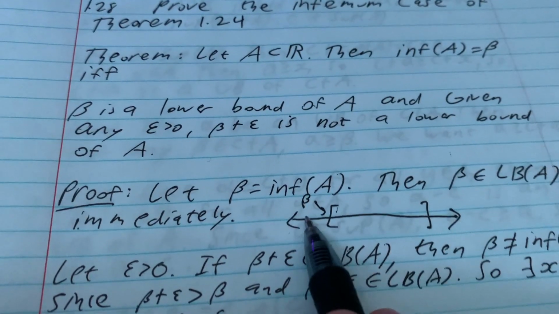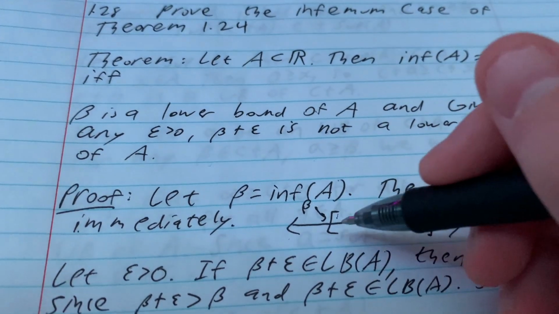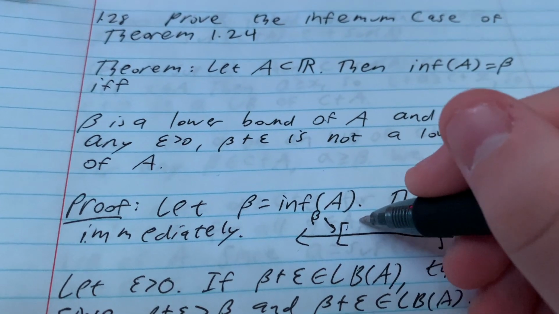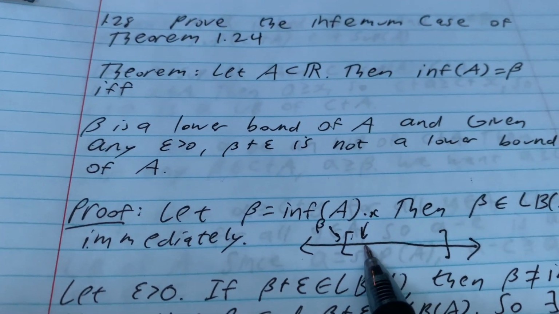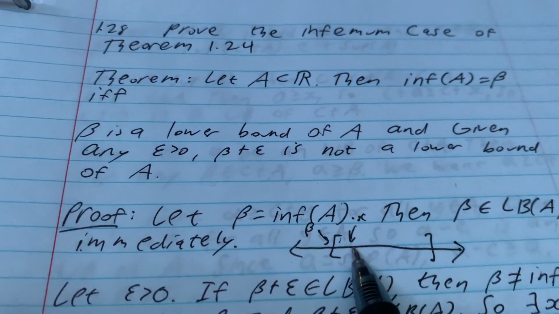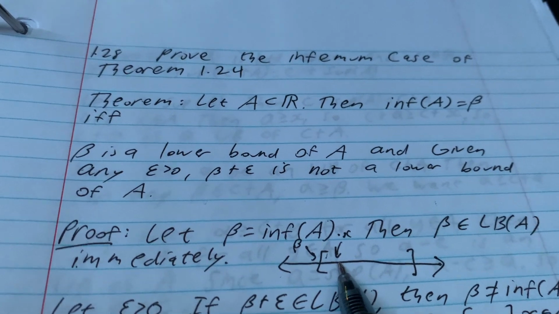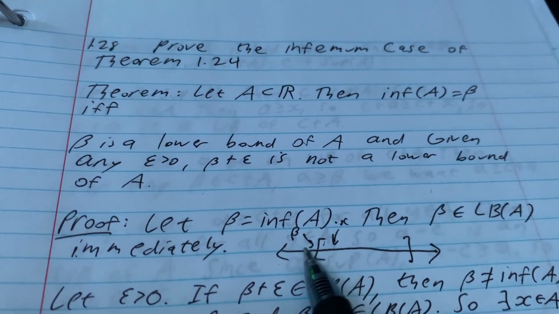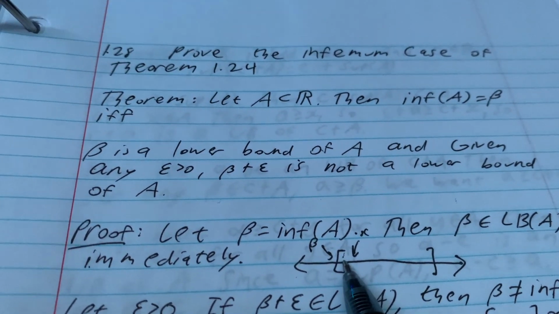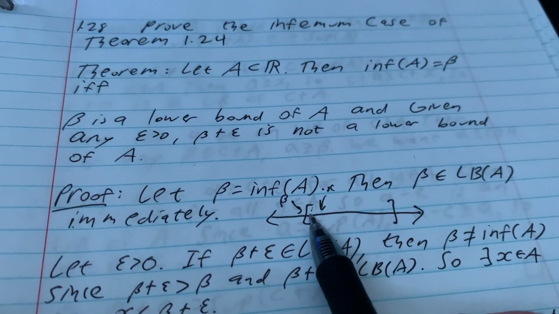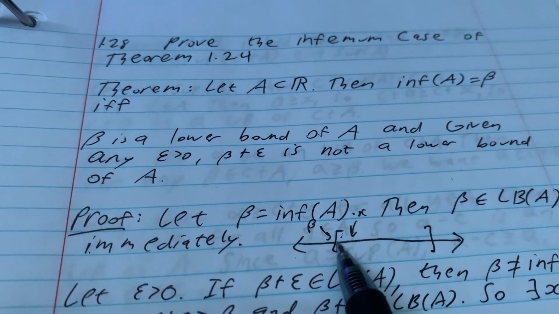This is the infimum, implying that anything over here, if I pick something over here, then this is not going to be a lower bound of the set. So for any epsilon greater than 0, beta plus epsilon, that means anything over here, and a small enough window as you want, nothing works. None of this is a lower bound of the set.